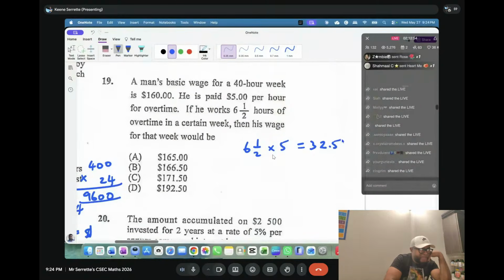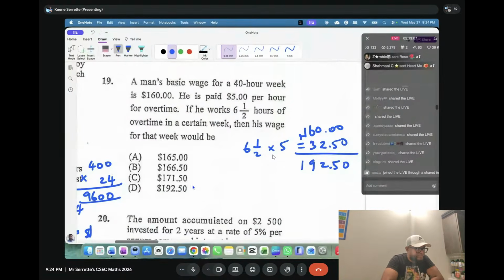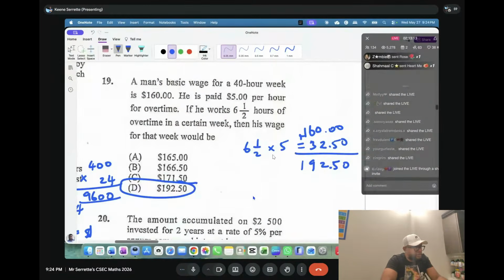So 32.50 will be his overtime. So it'll be 160 plus 32.50, which will give me what? Proper. Anybody have any questions there? Let's go.